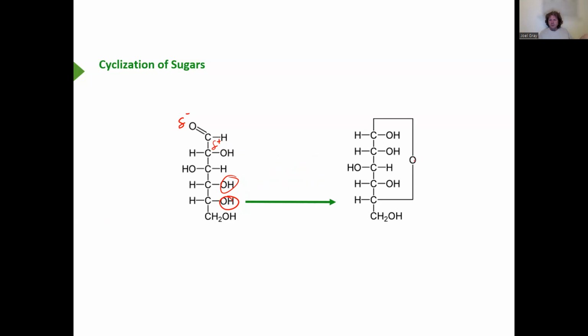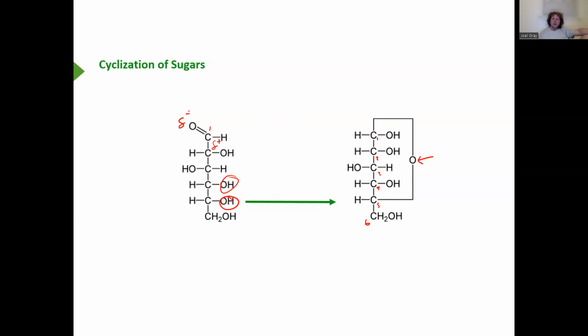Now, what's worth noting whenever we have this sort of model right here is this oxygen right here. Okay, so we have carbon number 1, 2, 3, 4, 5, 6. So we have made a ring where an oxygen is a key part of that ring. Our carbon numbering has not changed.